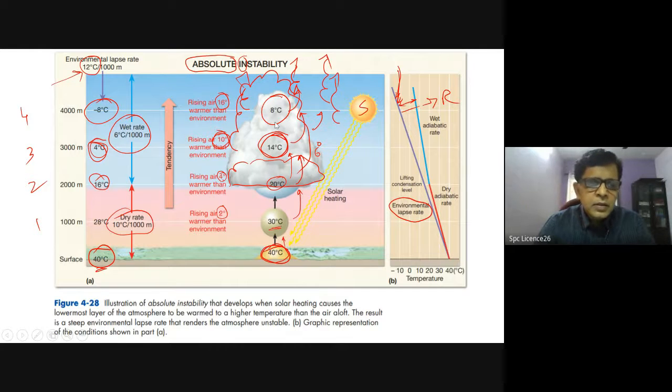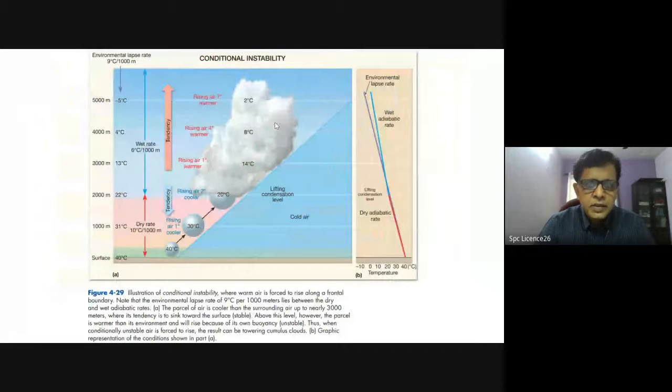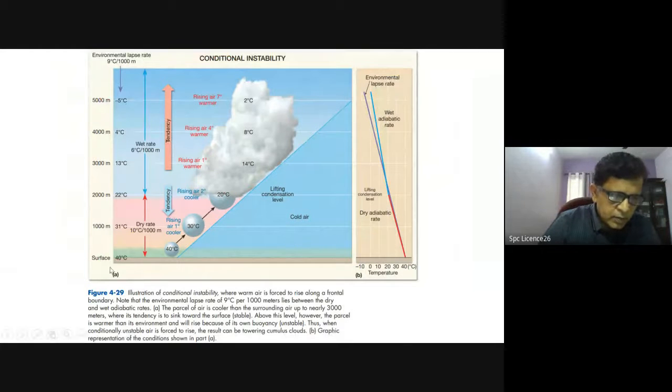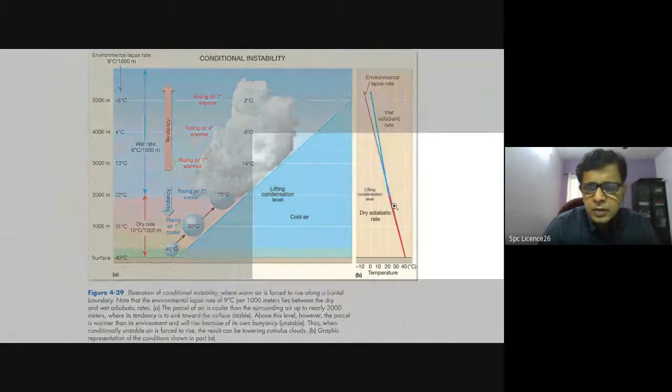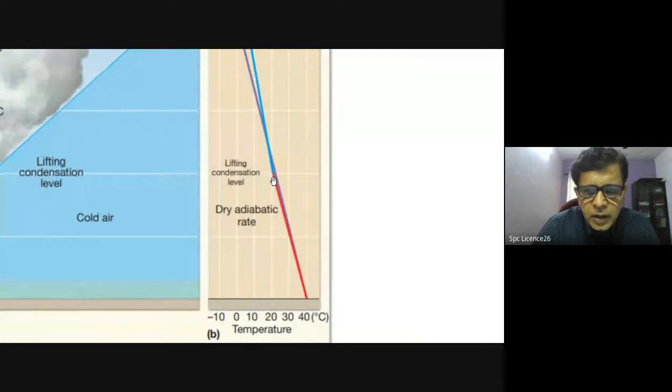And then when you have a mixture of both of them, that is called conditional instability. Conditional instability is very interesting. You'll see that here initially the curve is to the left, and then slowly the curve crosses to the right.